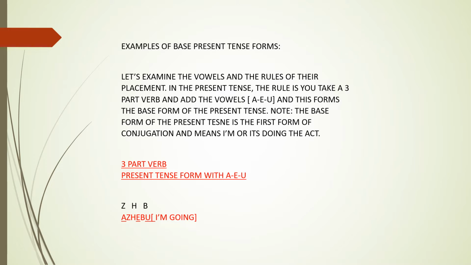And that word literally means I'm going. Now, if you notice in this slide, I didn't add the prefix pronoun ana. You can very well say ana as hibu, but because the base form of the verb when it first gets conjugated already means ana or I'm, you don't have to actually say it with the word.